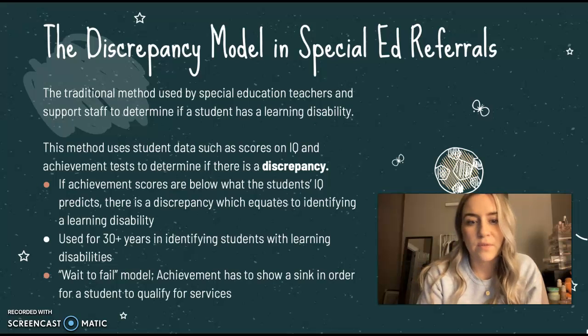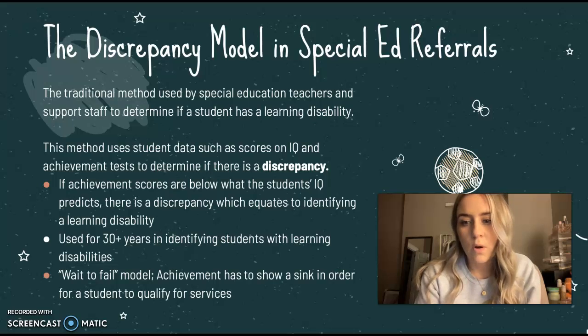For example, if a student's achievement scores are below or inadequate compared to what they would be based off of their IQ scores, there would be a discrepancy there, an unexplained reason for that imbalance in what they're performing, which would equate to identifying a learning disability.